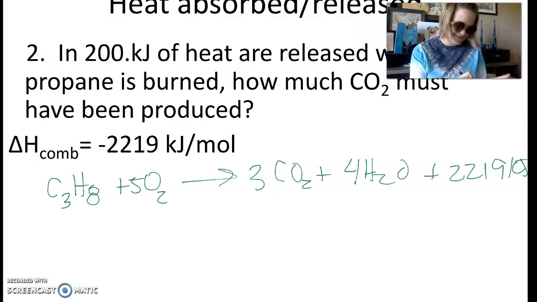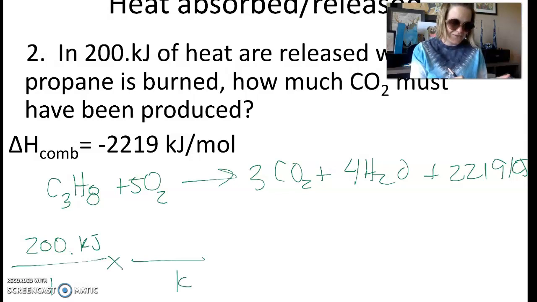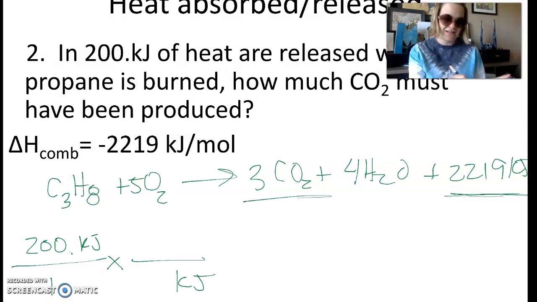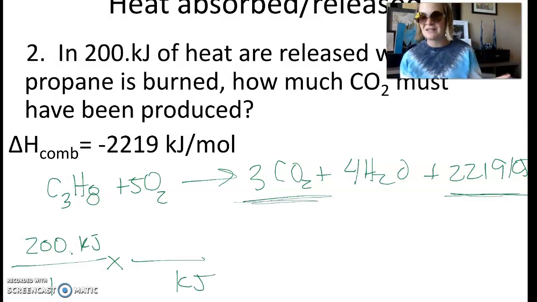For this problem, we always take the number we're starting with and put it over 1. I'm going to write 200 kilojoules over 1. The unit of kilojoules goes on the bottom. And this is where, again, I'm going from kilojoules to CO2. I can just use that number that's in the balanced equation as part of the molar ratio.